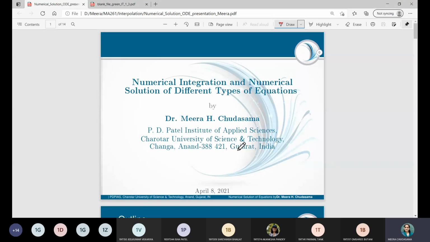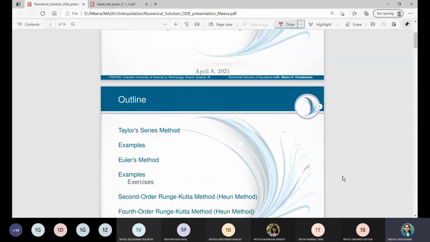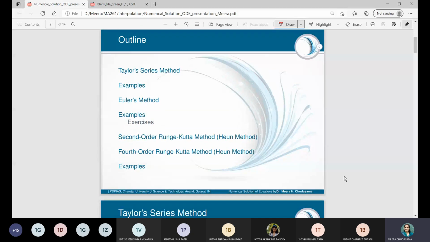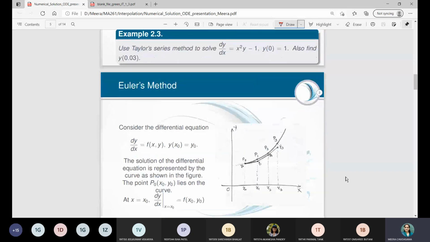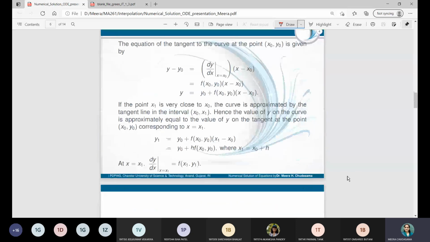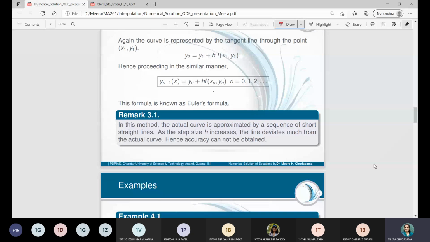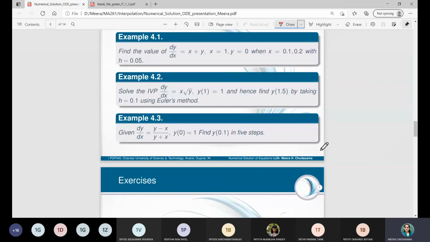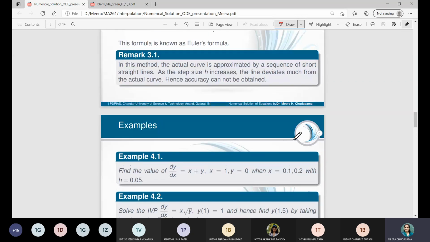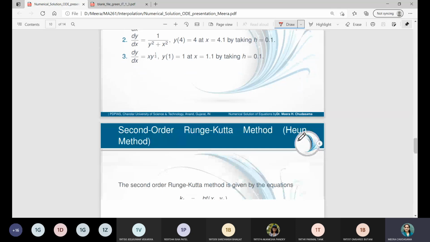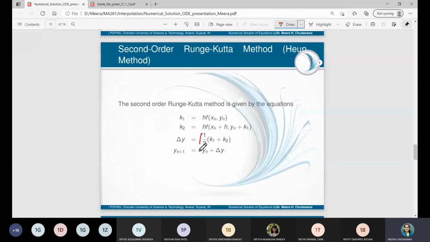So, yesterday we started with the Runge-Kutta method of second order and fourth order, which is also called Heun's method, right? As we increase the x variable by taking step size h, similarly we can consider the corresponding solution, the y variable, in terms of the increment, and that delta y is given by the average value of k1 and k2 in the second order Runge-Kutta method, where k1 and k2 are given by these two expressions.